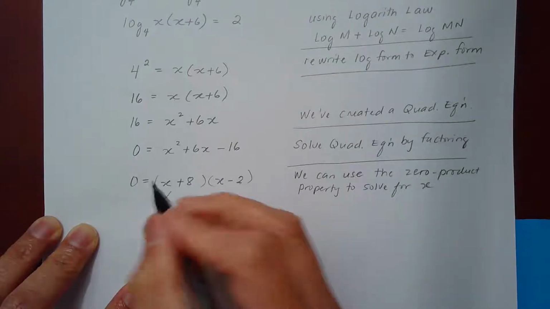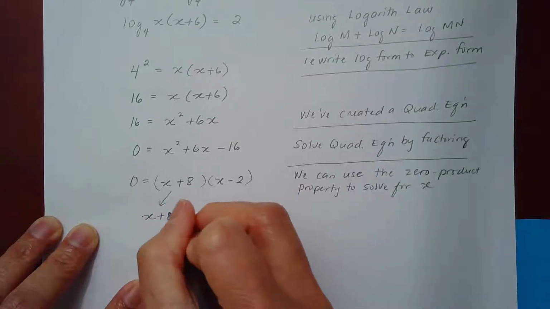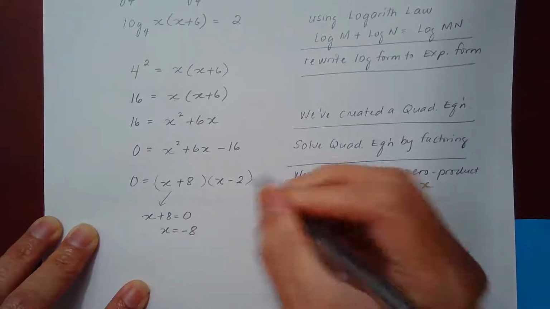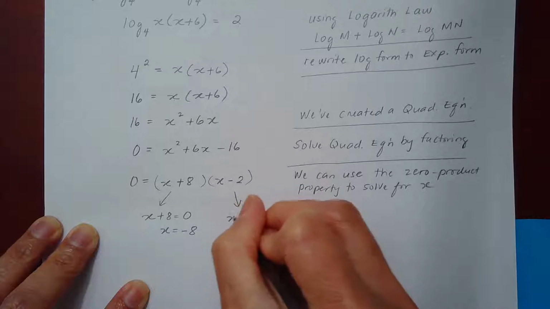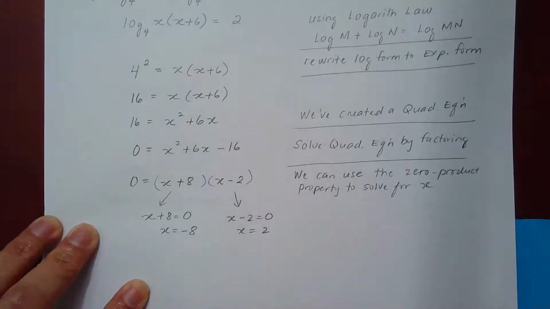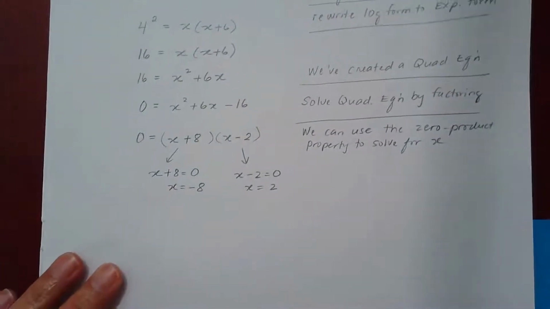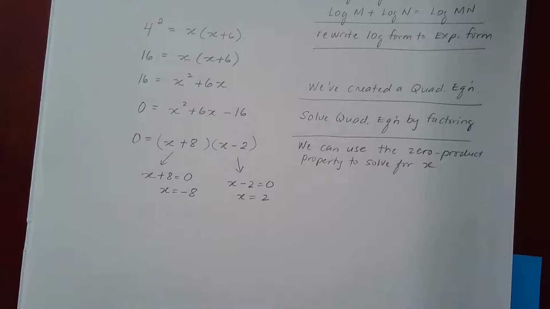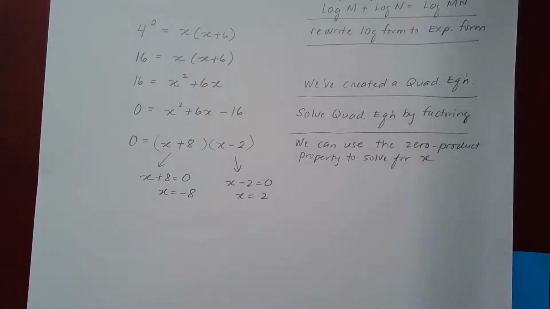You can have x plus 8 equals 0, so x is equal to negative 8. And then the other one is x minus 2 equals 0, so x is equal to 2. So it looks like we have two solutions in here, but let's see if we could actually have two solutions.